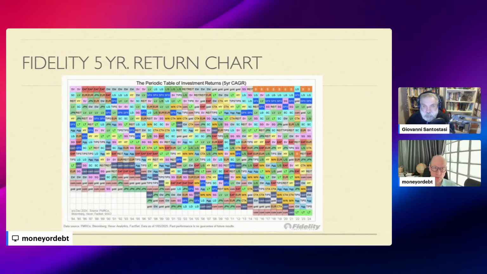Giovanni, this is a 5-year return. Oh, okay, so it only starts in 2014. So it's taking the 5-year history, the 5-year average compound annual growth rate. Yes, 2015, average over 5 years. Okay, because otherwise Bitcoin would have blown everybody out of the water, in 2009 it was like 2 or 3 times or something.